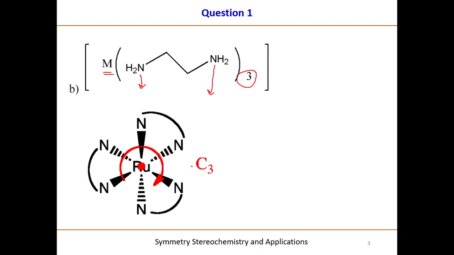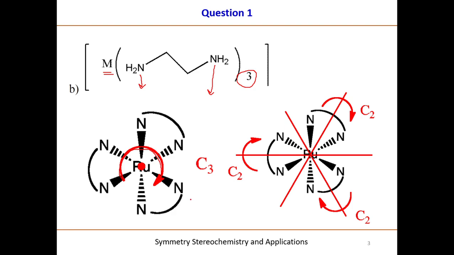You can see here, this is the complex for which we have to find out the point group. This dash bond is the back side, and this wedge bond represents the front side. So we can pass a C3 axis over here. If we pass a C3 axis, it will rotate in this way, and we will get an indistinguishable image from the original one.